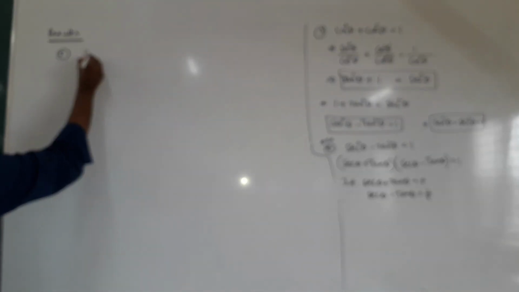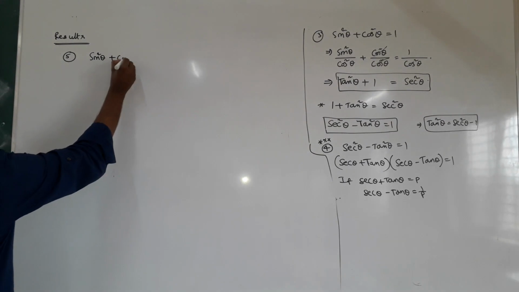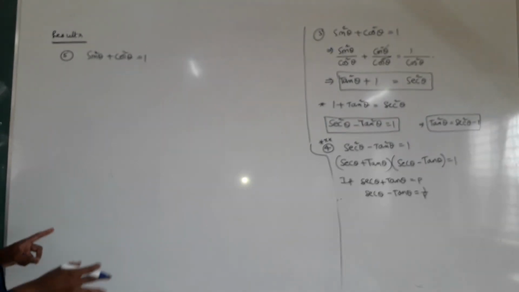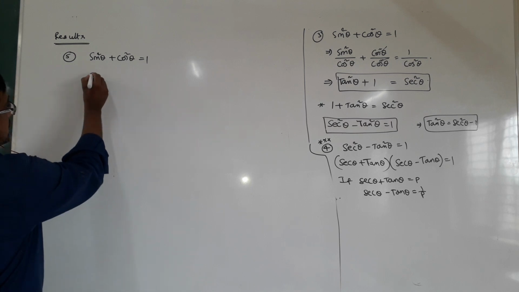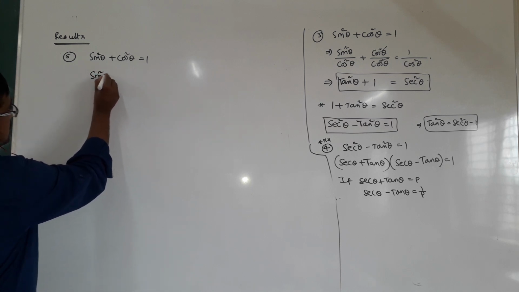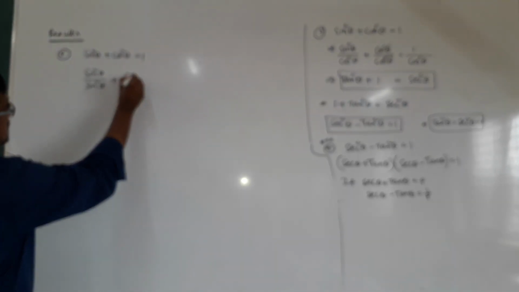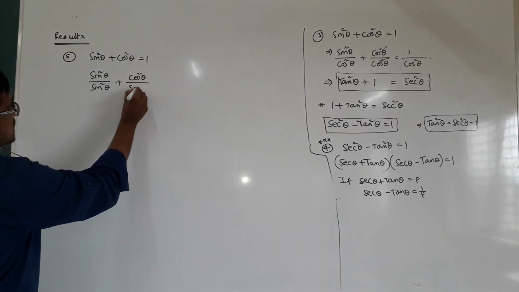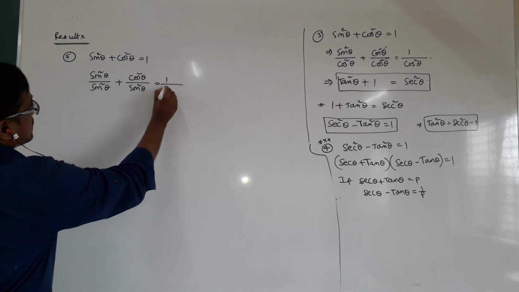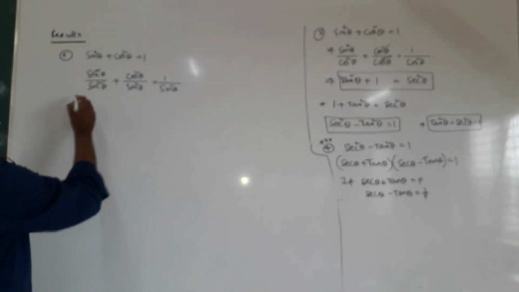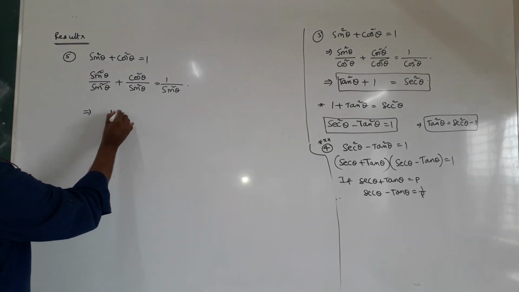Now you have sin square theta plus cos square theta is equal to 1. Let us divide this entire equation with sin square theta. So that sin square theta by sin square theta plus cos square theta by sin square theta is equal to 1 by sin square theta. Now sin square theta will be cancelled. So that 1 plus, what is cos theta by sin theta?